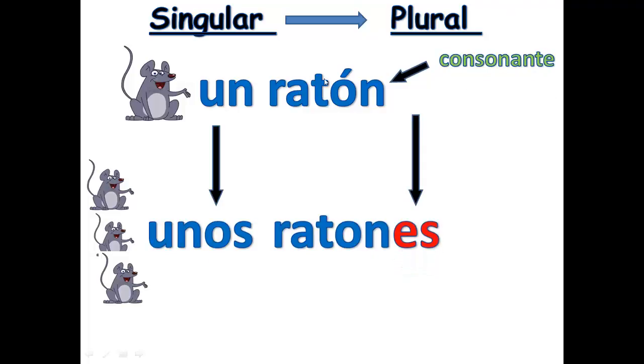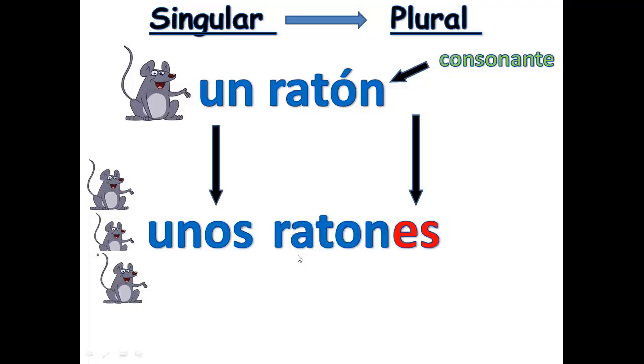So just pay attention here. Ratón is made up of two syllables. The first syllable is ra, and the second syllable is tón, with the acento over the o. This is where the emphasis of the word is. And now, words with an acento on the last syllable, when they become plural, they lose the acento.